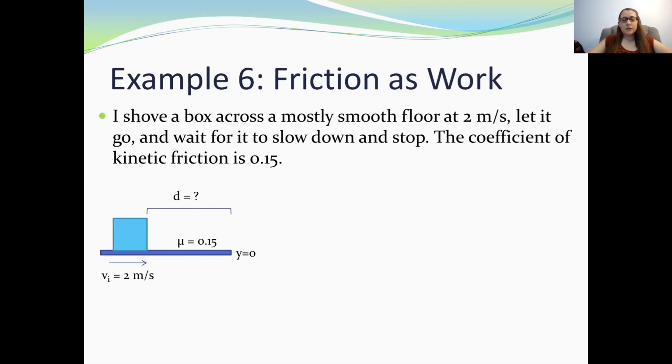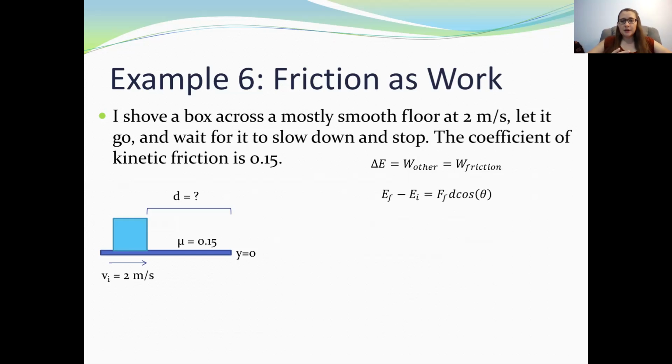We're taking that floor to be our 0 point, again, just to make the math simpler. So just like last time, we're going to start out with our work energy theorem. So our change in energy equals the work done by other sources. And in this case, that's the work due to friction.